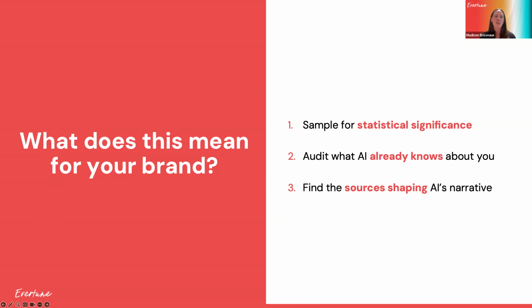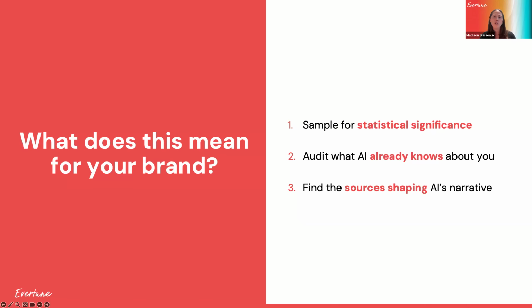Secondly, it's important to understand what AI already knows about you fundamentally through its foundational knowledge, also known as its pre-training data. This is a really crucial step in understanding how you'll be represented in AI search. And we're one of the only platforms that actually isolated out how a brand is represented in AI search when an LLM exclusively uses its foundational knowledge to respond.